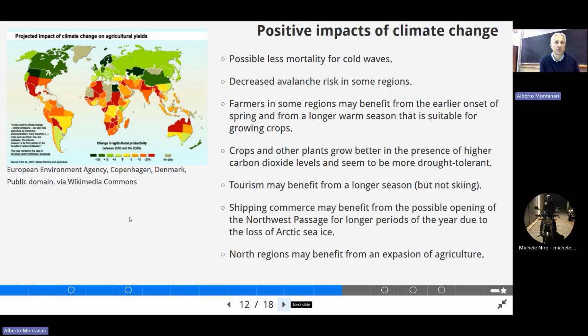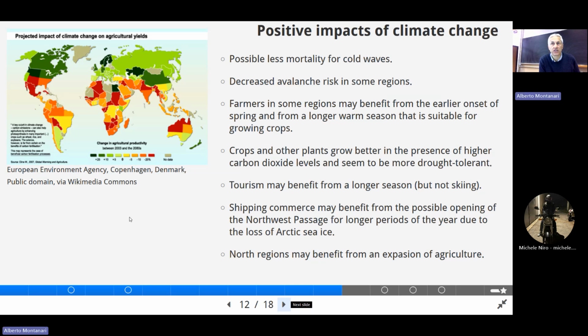The map shows what we could expect. In countries where there is a lot of water, agricultural productivity may increase, and especially it will increase a lot in the countries where they will also get more land prone to cultivation. So Canada, Norway, Sweden, Finland, but also for Italy, an increase is predicted.